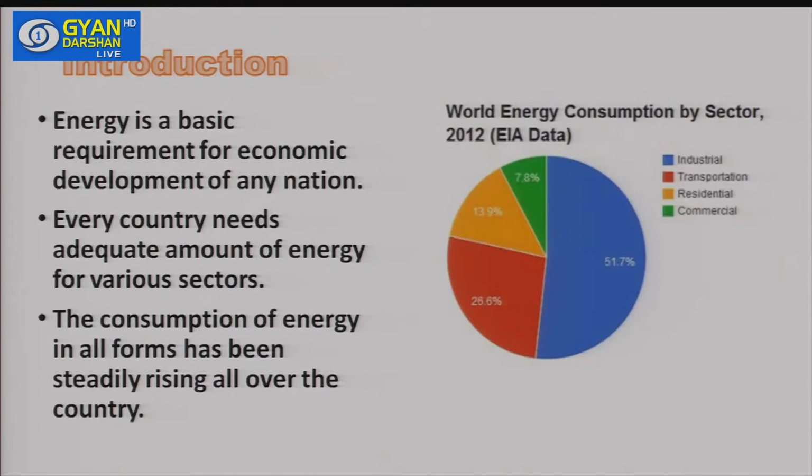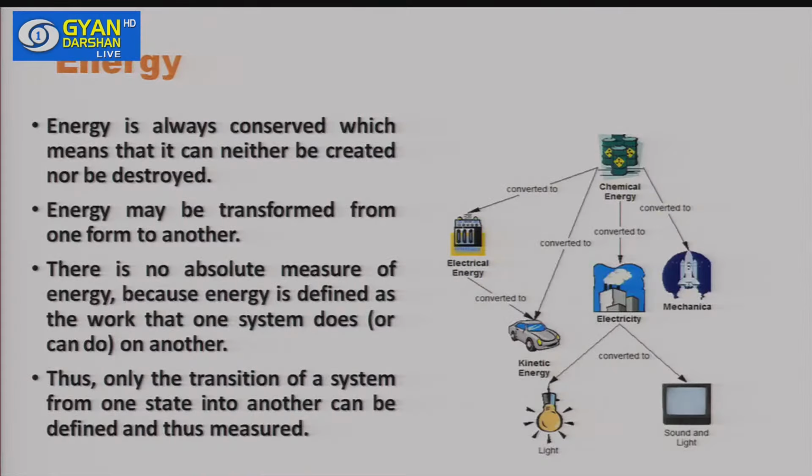As the need and demand for energy is increasing, and our day-to-day activities are mostly based upon energy, consumption is increasing, our demand is increasing, but supply is not adequate. So for that we have to make a balance, and that is also energy management.